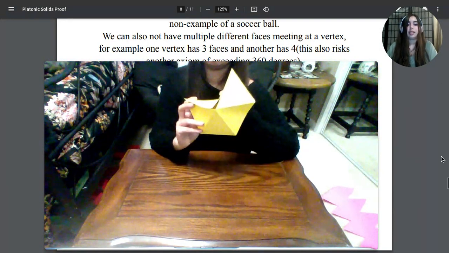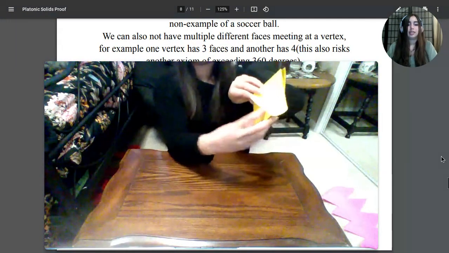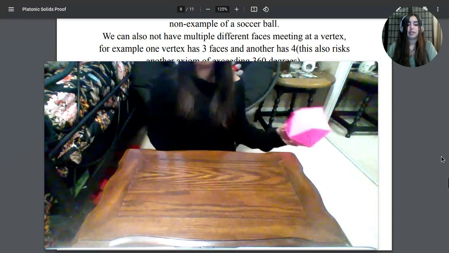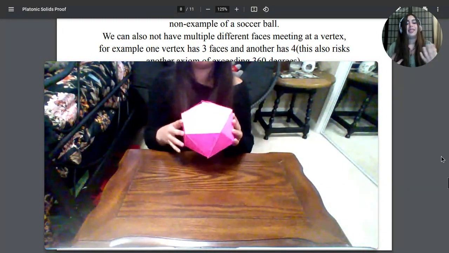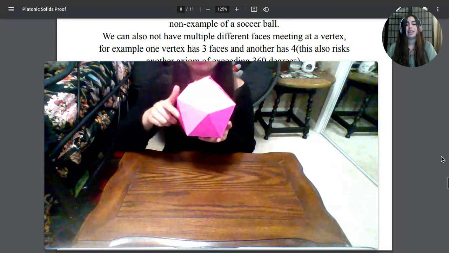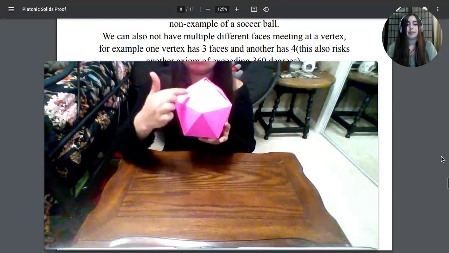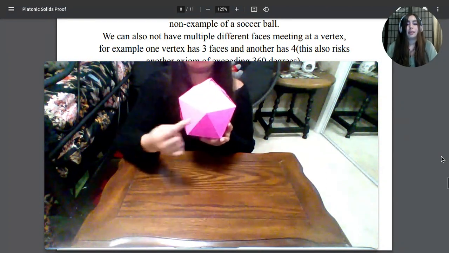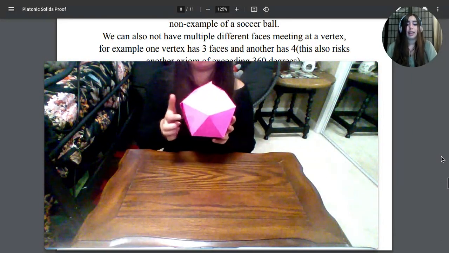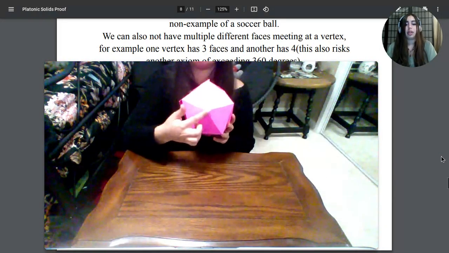But you can see that this does not work. Yeah, so there we have, when we add more sides, we get our icosahedron where it has 5 faces meeting at each point. And I can show you that it is uniform on all sides.